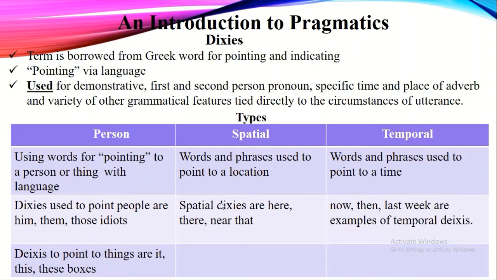For example, here, there, near, or near that are examples of spatial deixis. Next one is temporal. Words or phrases used to point to time are temporal deixis, like now, then, last week.